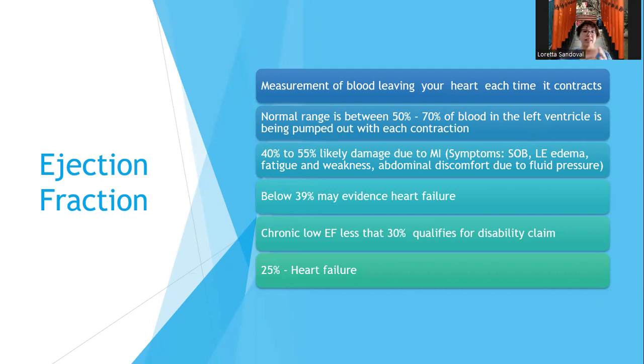You can imagine at 30% how that's going to affect your ADLs and your general mobility. At 10%, that's really going to affect your ADLs and your general mobility. So a lot of times in PT, we're working with people that are too sick to go into full cardiac rehab. So we need to really take that into account when we're talking about our exercise.